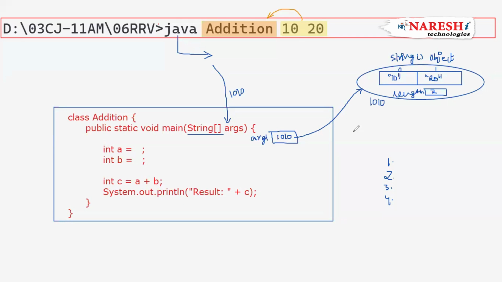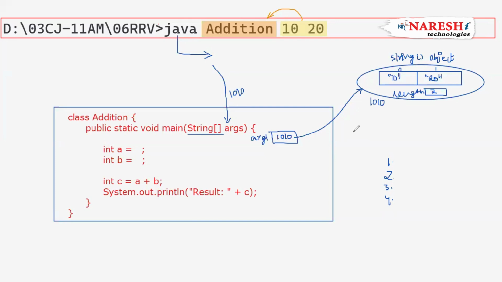Understand? Repeat once again. What is the command line? The line at which we run the commands on the console is called the command line. What is the command line argument? The values we are passing to a program as inputs from the command line are called command line arguments.